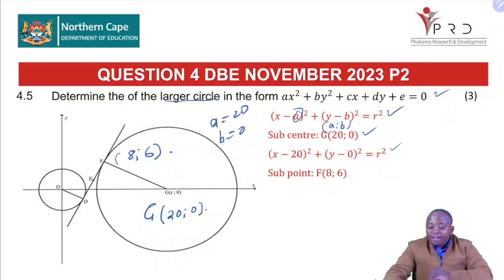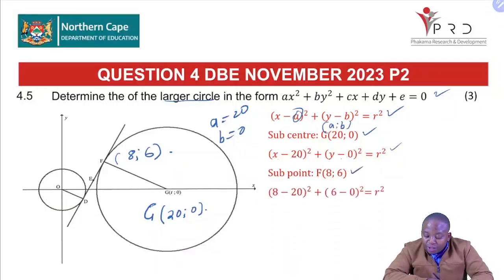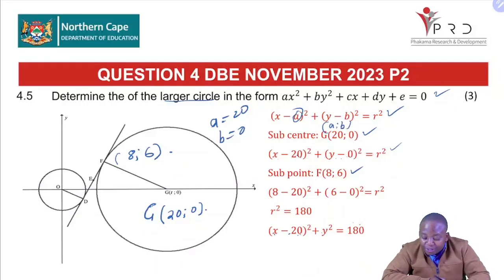Now, to find the value of r, we are going to substitute a point on the larger circle, which is our F. Then when we substitute F, we get our r squared, which is 180. Then from here, we know that x minus 20 squared plus y squared equals 180, which is r squared. Remember, y minus 0 is just y squared.